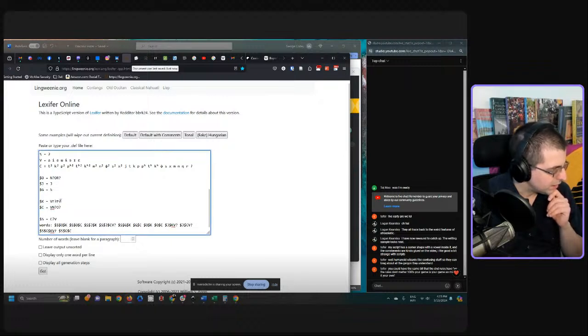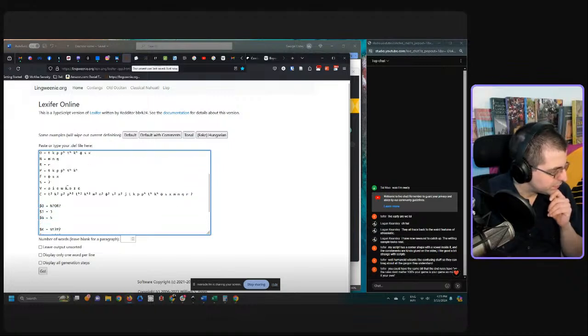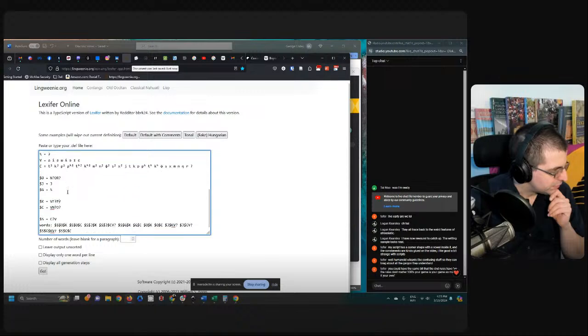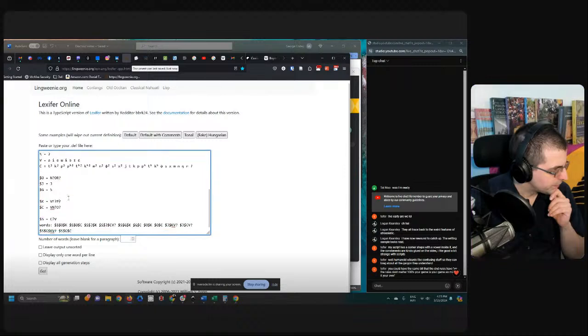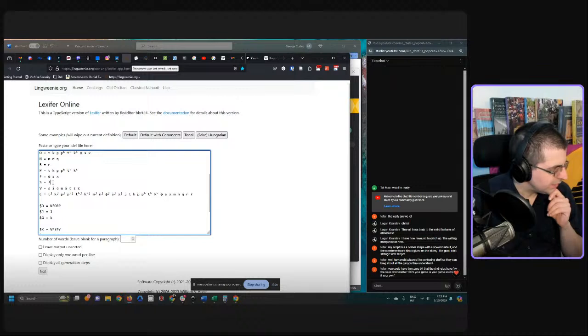Okay, fricative, plosive. We don't actually have any glottal stops in codas.